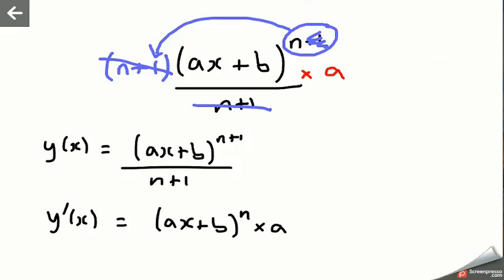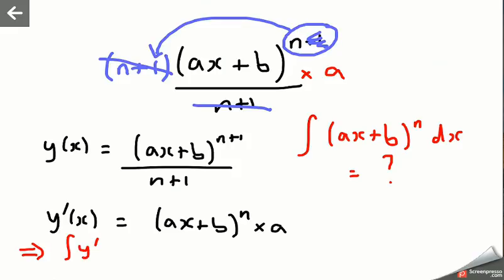Now, suppose I want to find the antiderivative of (ax + b)^n. Well, I know that the antiderivative of y'(x) dx is equal to a times the antiderivative of (ax + b)^n dx.